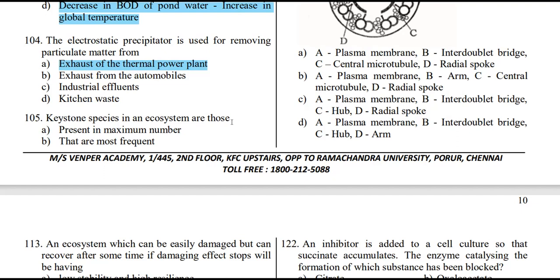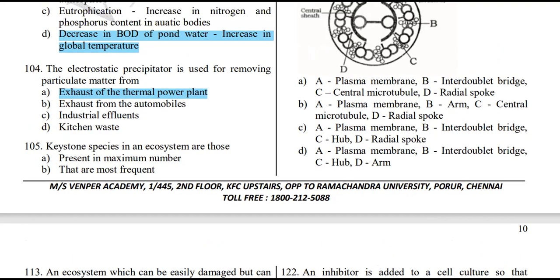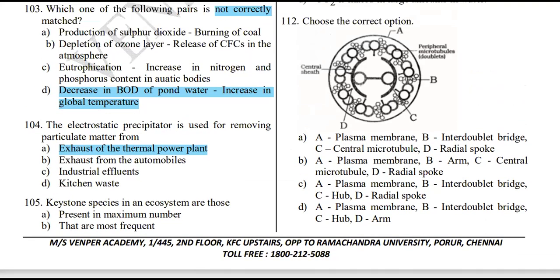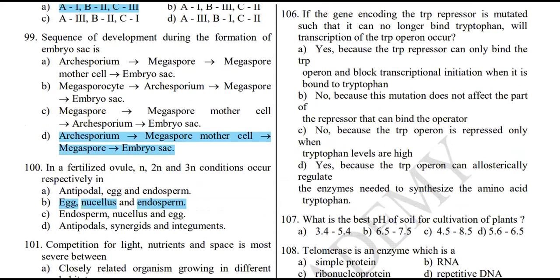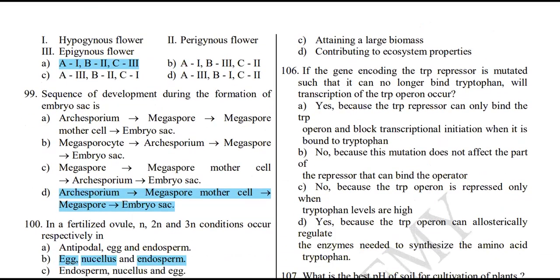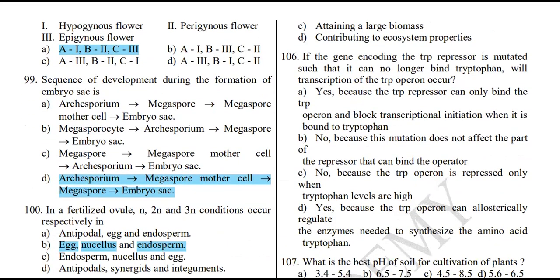Key means something very specific and crucial. So keystone species in an ecosystem are those present in maximum number? No, that is wrong. Whichever is more frequent, we will not call a keystone species. Which attains large biomass? No, we will not call that either. Or contributing to ecosystem property? Yes, the ones which define the entire ecosystem characteristics are keystone species.